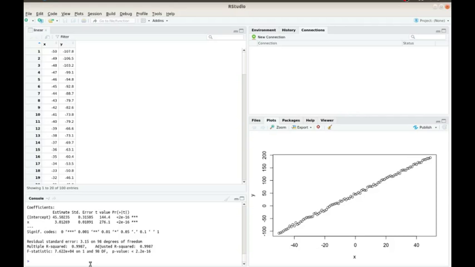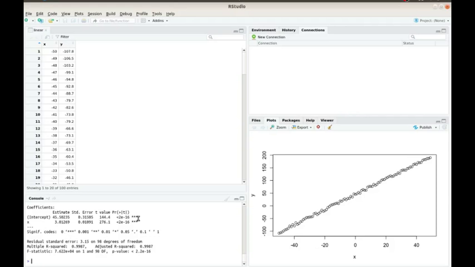The p-value here is less than 0, and the probability of the absolute value of t being greater is 2 times 10 to the minus 16, with a significance code here of 0.